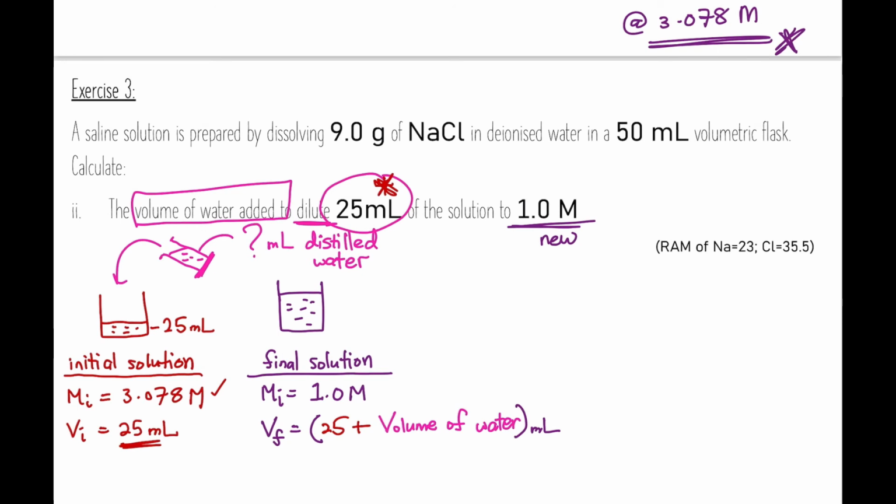To calculate the VF, or the final volume, we can use the dilution formula, which is M initial times V initial equals to M final times V final.